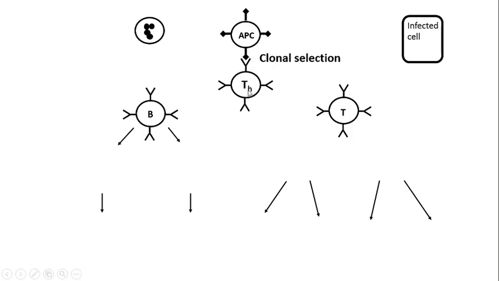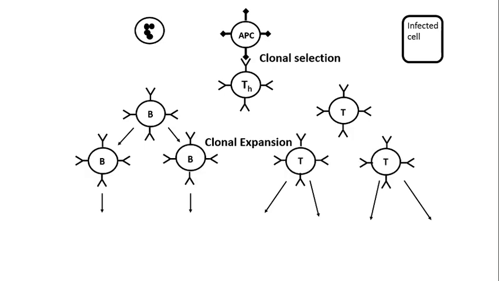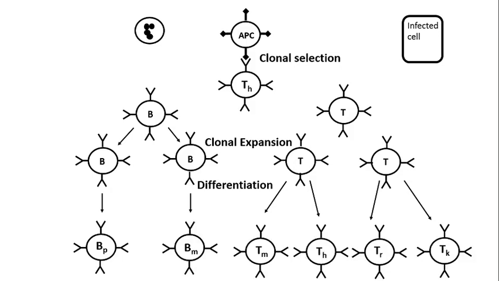This is often the T helper cell, but it doesn't actually have to be the T helper cell. There are other cells that could be involved in the clonal selection process. That T helper cell then will activate other cells by sending signaling molecules and stimulate them so that they will start to divide by mitosis. Then you've got your clonal expansion process taking place, and those will then differentiate into different types of cells.